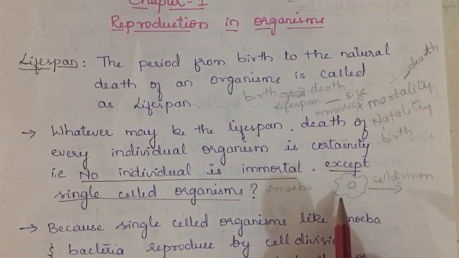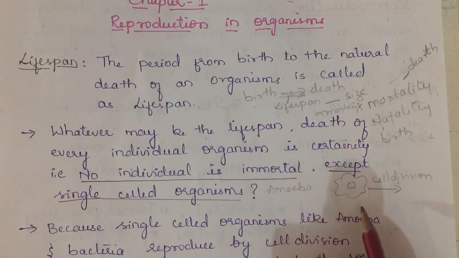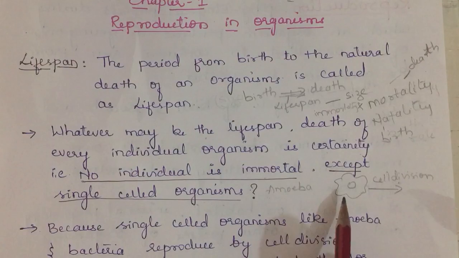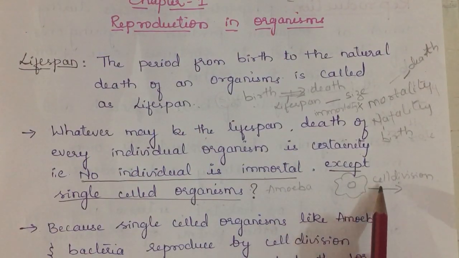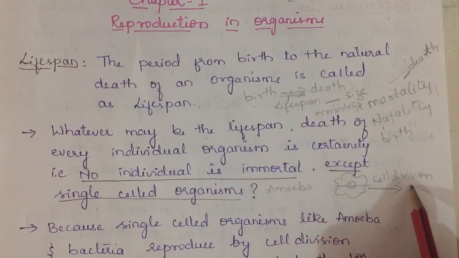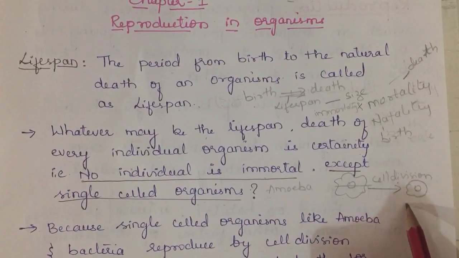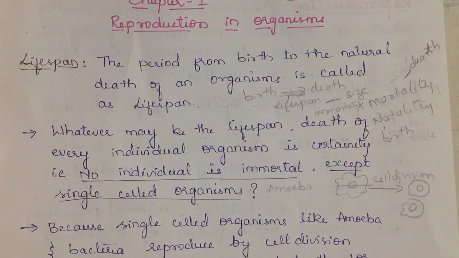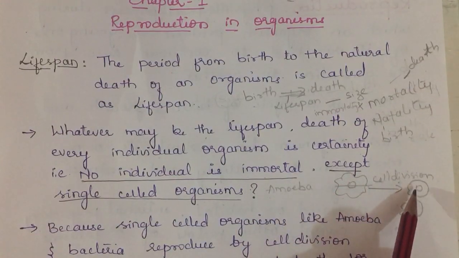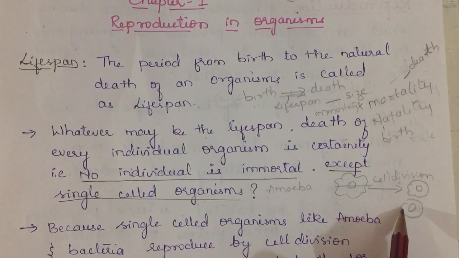This simple cell division is mitosis, the complicated one is meiosis. So this single-celled organism, amoeba, divides by cell division, which means one cell will divide into two daughter cells, something like this.